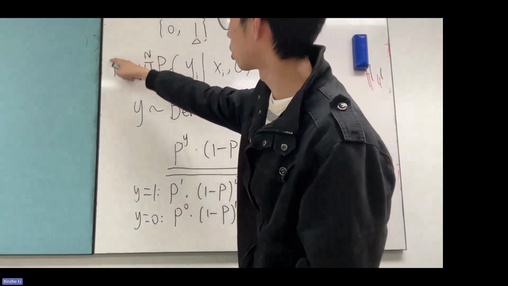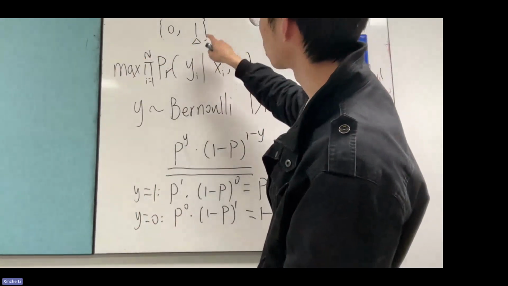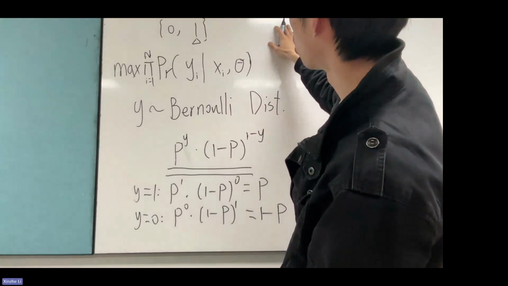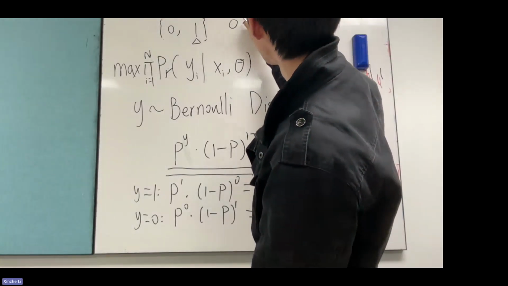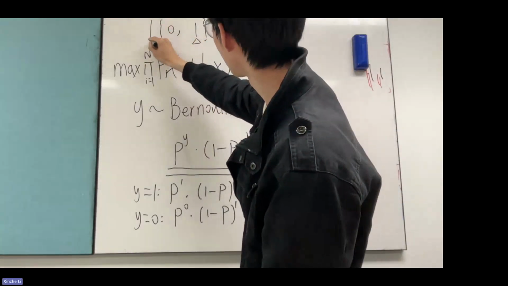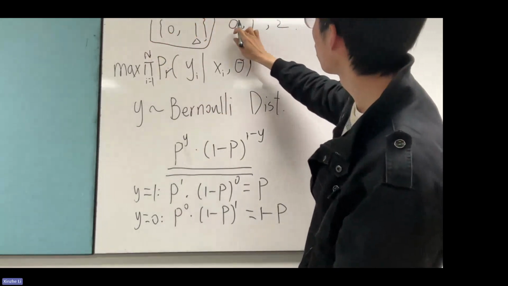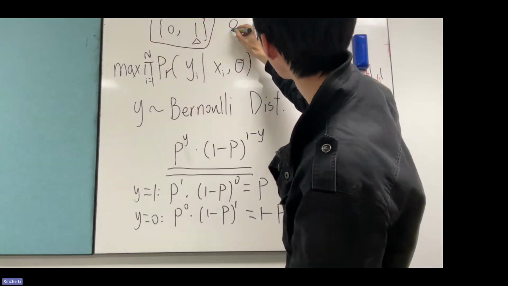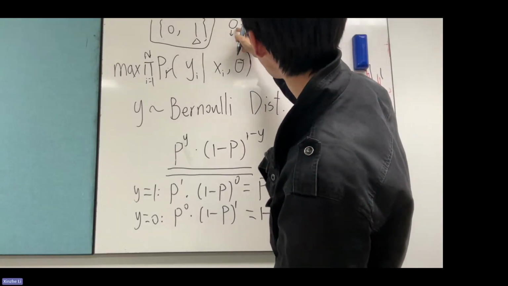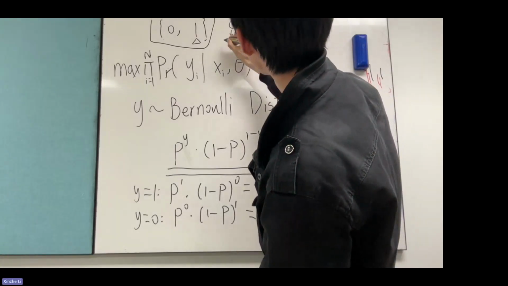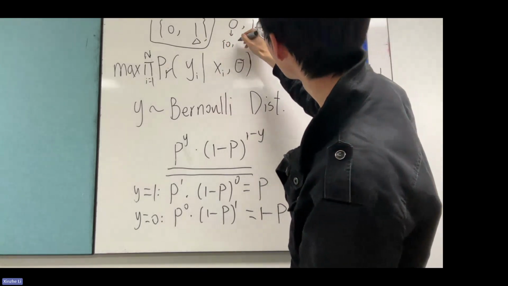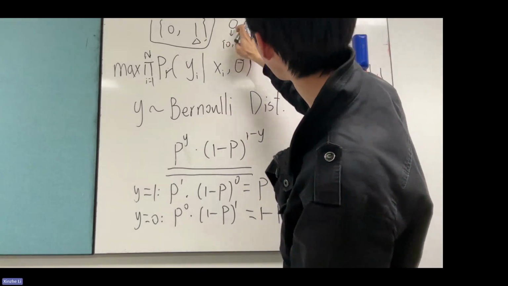Actually, if you do this, this can be generalized into models with more than 2 classes. For example, if you have 3 classes, 0, 1, 2, you can also turn it into a binary classification problem. How? You can make 3 sub models. Whether this example equals 0: now it becomes a binary classification, right? If it's yes, it's 1. If it's no, it's 0.